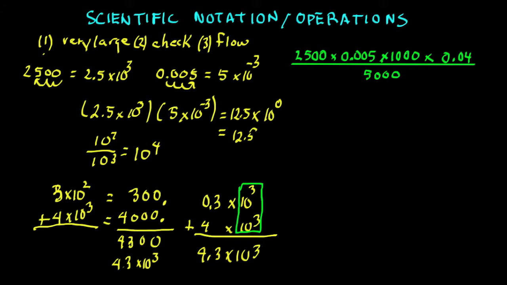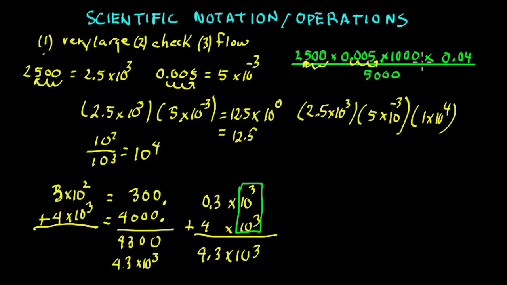Now let's go back to this problem. In this problem, you are going to have 2.5 times 10 to the 3. We're going to put this in scientific notation. Times 5 times 10 to the minus 3 over 1 times 10 to the 4.